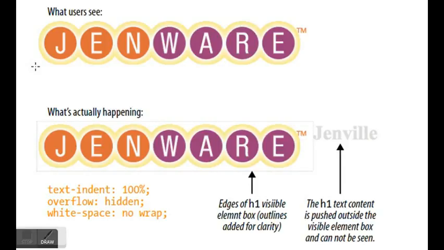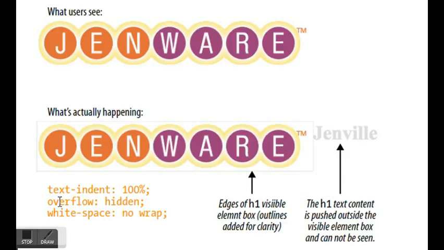This is what users see on the web page. And what is actually happening is that this is the rightmost part of your web page, and from the rightmost part there is an h1 heading text content, which is the same link, and it is there, but it is not being seen.